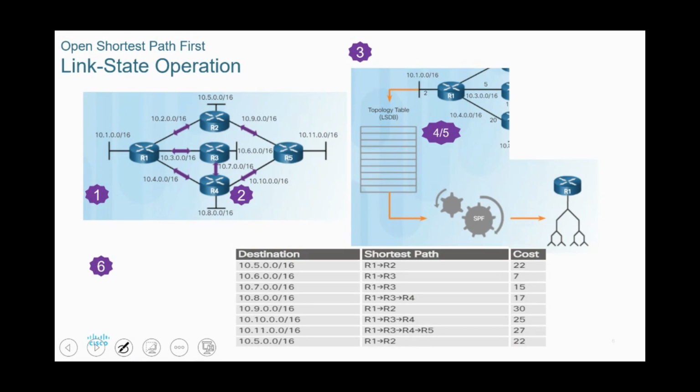Okay, now how does link state operation work? Looking at the first step, each router sends hello packets to establish neighbor adjacency. For example, R1 sends hello packets to R2, R3, and R4. When a router, assuming R4, receives them, it uses link state advertisements to flood the area with the cost and state of the links.